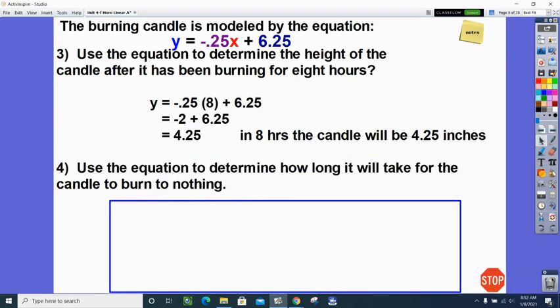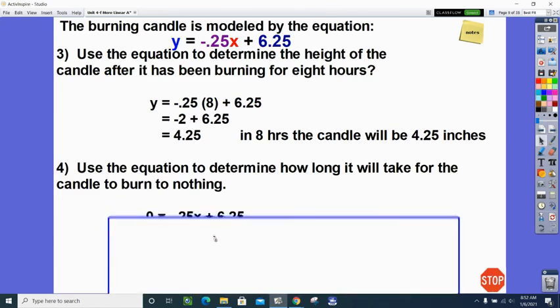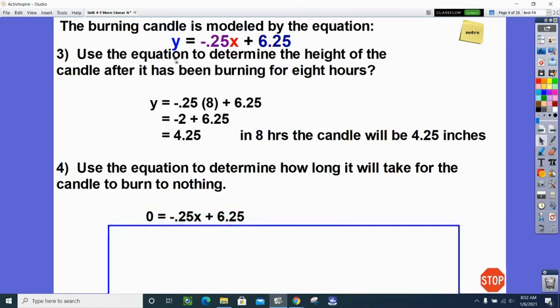Pretty cool. Last question of the day. Use that equation to determine how long it'll take for the candle to completely burn to nothing. Now what do you do with this one? Remember your definitions. X is hours, Y is the height in inches, and we want it to be nothing. So this time we're going to substitute 0 in for the Y, and you've got a 2-step equation to solve back in Unit 2.